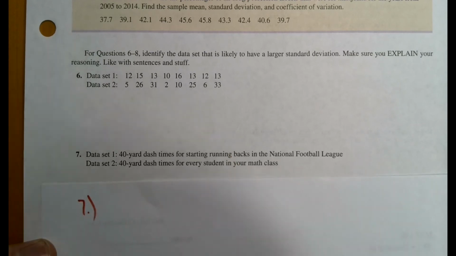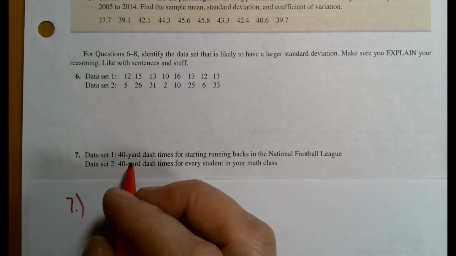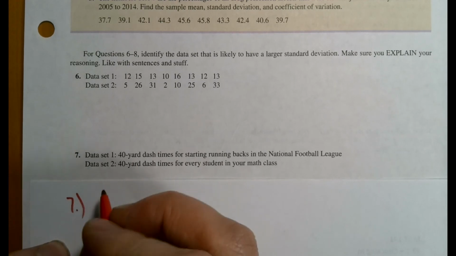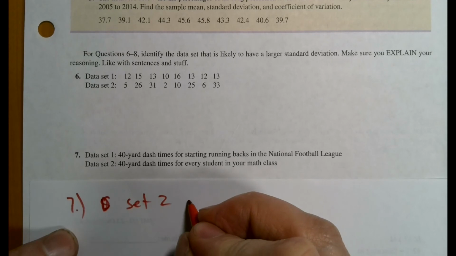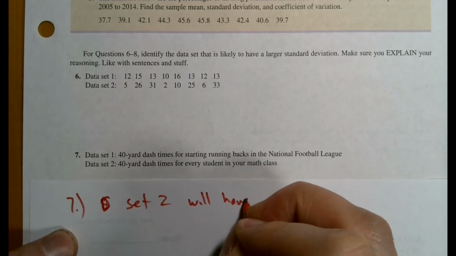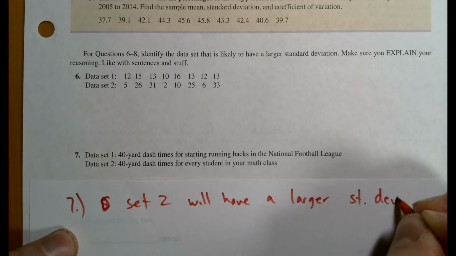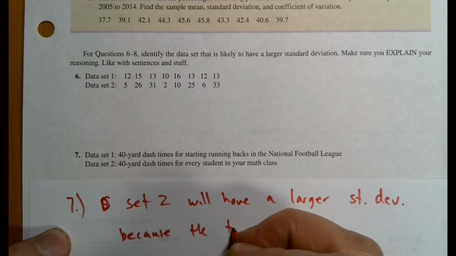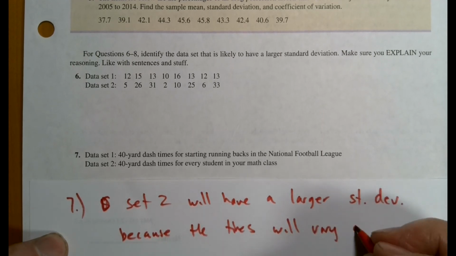But we're going to assume that some people in our 130 class can run fast and some can run slow, whereas in the NFL, they could all pretty much run fast. So set 2 will have a larger standard deviation because the times will vary a lot. Let's say that.